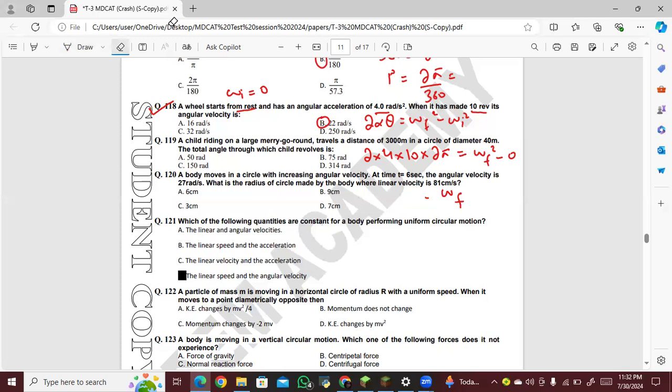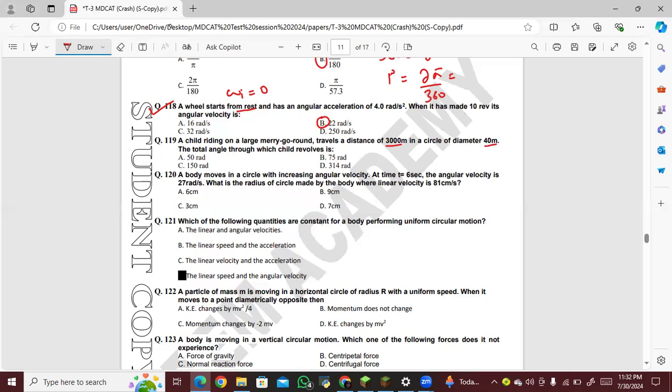Question number 19. A child riding on a large merry-go-round travels a distance of 3000 meters in a circle of diameter 40 meters. The total angle through which the child revolves is?